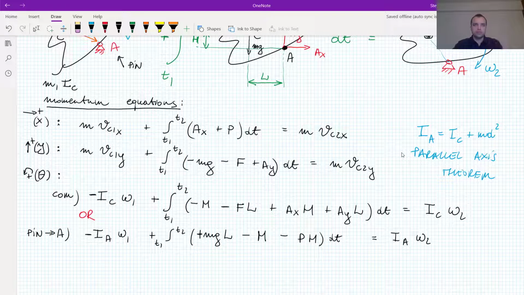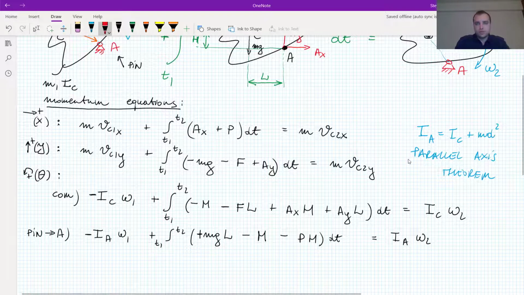Your solution will be 0 equal to 0. So basically, you usually write the momentum equation for x direction, for y direction, and then pick either this one or this one, but never two of them.